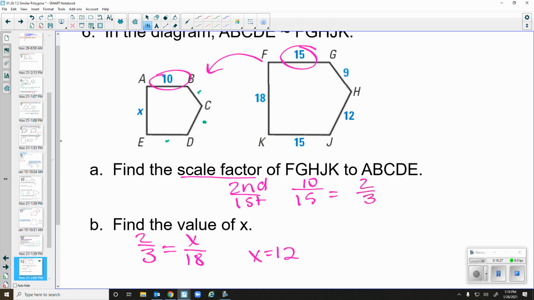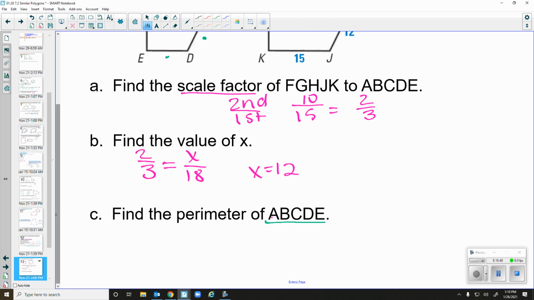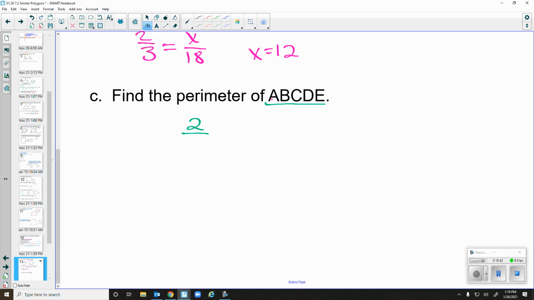So, the larger figure, all of those sides are labeled. What's the perimeter of the larger figure? Say again, Henry? Right. So it still fits, we can still set up that same proportion with the perimeter.